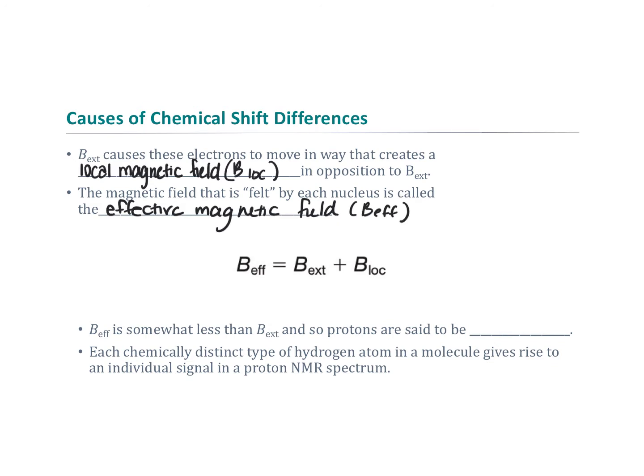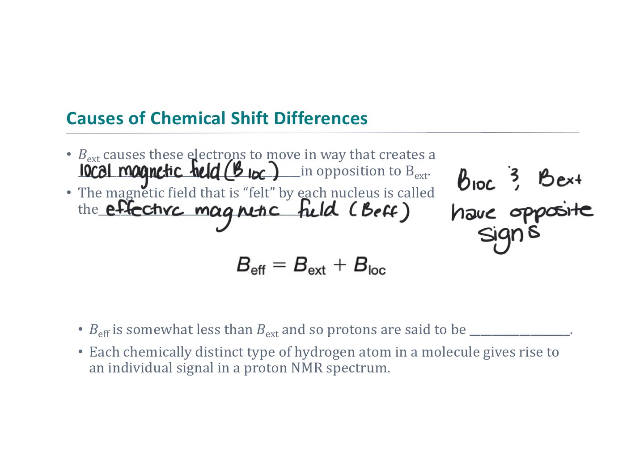Now, B local and B external are going to have opposite signs. So B local and the external magnetic field have opposite signs. So B effective is smaller than the external.